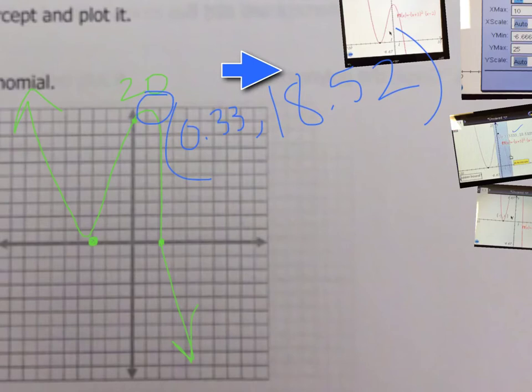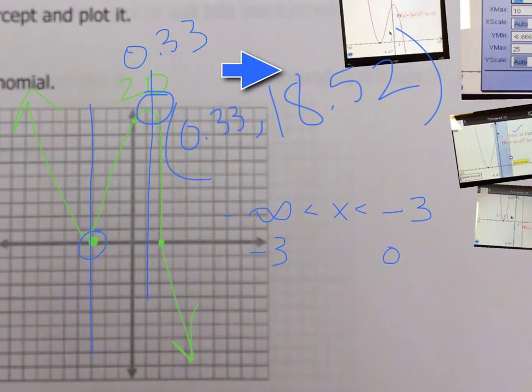Okay, so this function is decreasing from negative infinity to this point right here, which is negative 3. And then I put my x, decreasing, decreasing. Then from negative 3 to this point here, which is 0.33, my graph is now increasing.